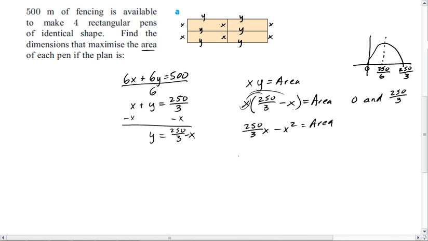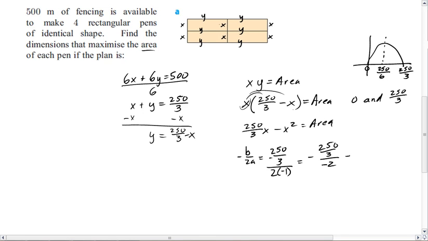The other way, of course, is to do negative b over 2a. So b is the number in front of the x, so that's 250 over 3, and this is negative b over 2 times a. A is negative 1, so that would simplify then to negative 250 over 3 divided by negative 2.